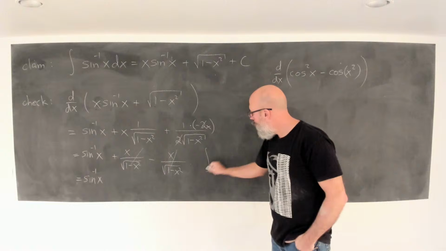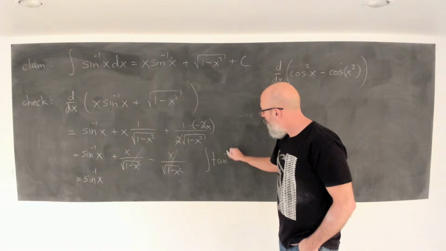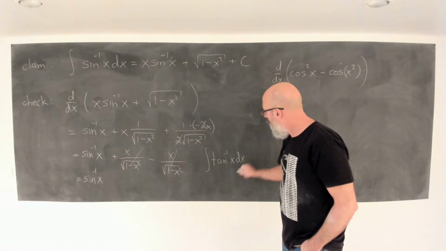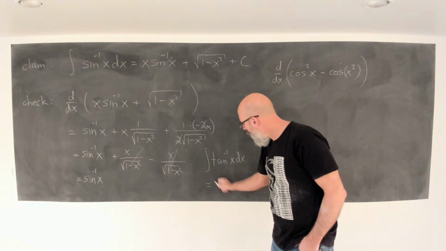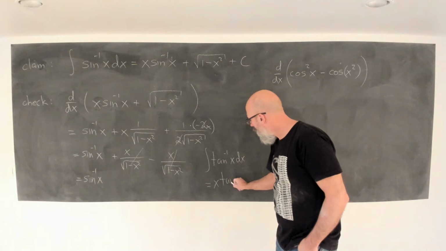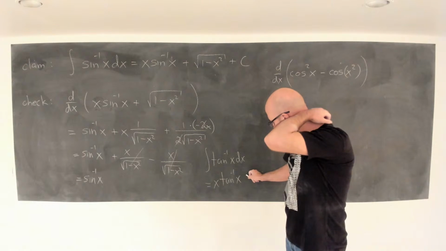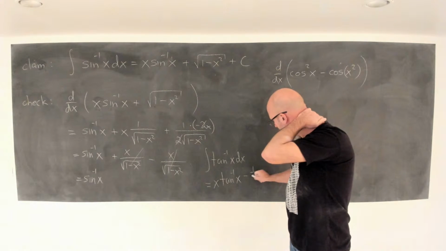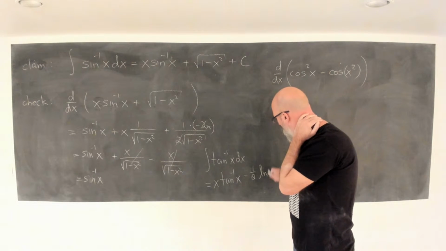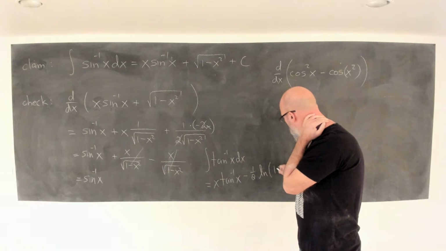I'm going to let you verify that the antiderivative of arctan is x arctan x minus 1/2 ln of 1 plus x squared.